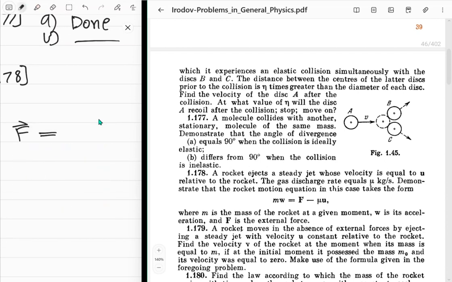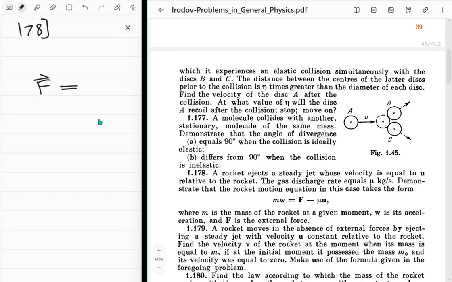So it's good to have a well-defined system. We'll define the ejected gas as well as the rocket as a system, and now we want to figure out the dp upon dt for that. Yes, because internal forces cannot change momentum, only external forces will. The rocket is moving up with velocity v. First, figure out the momentum.